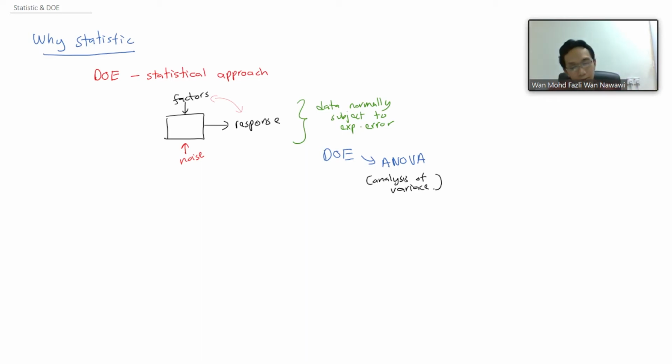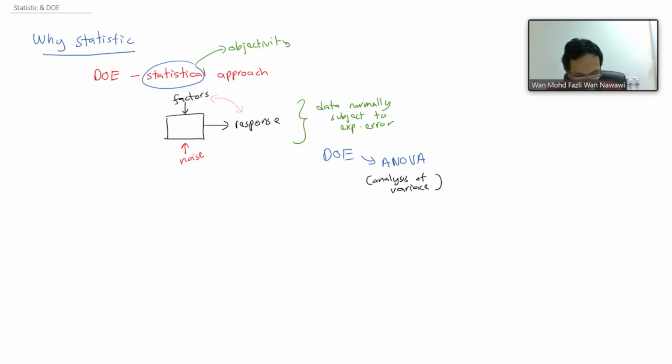If you have noise here and there, the statistical method gives objectivity to the data interpretation and so on.